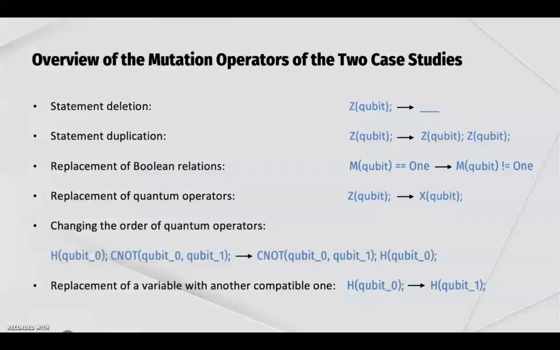In measuring the effectiveness of our tool, we use these different types of mutation operators in the programs under test. Here, there is an example with each of them to clarify what each means. Statement deletion, statement duplication, replacement of Boolean relations, replacement of quantum operators, changing the order of quantum operators, replacement of a variable with another compatible one.